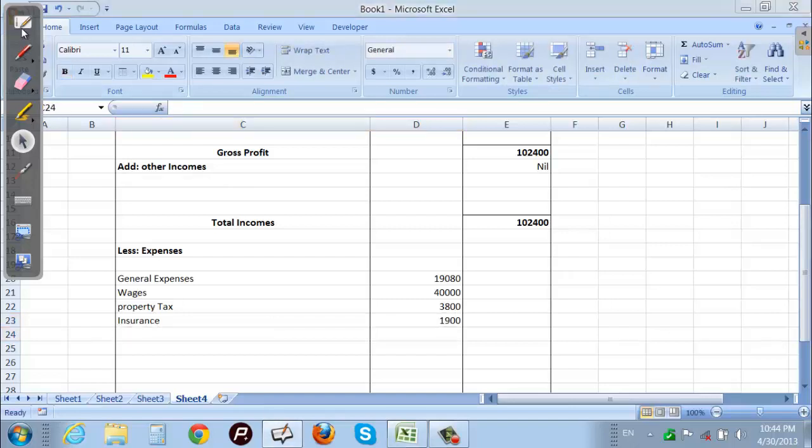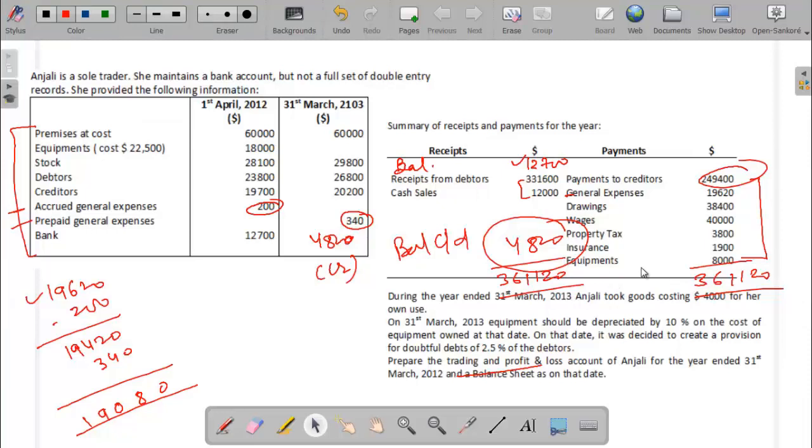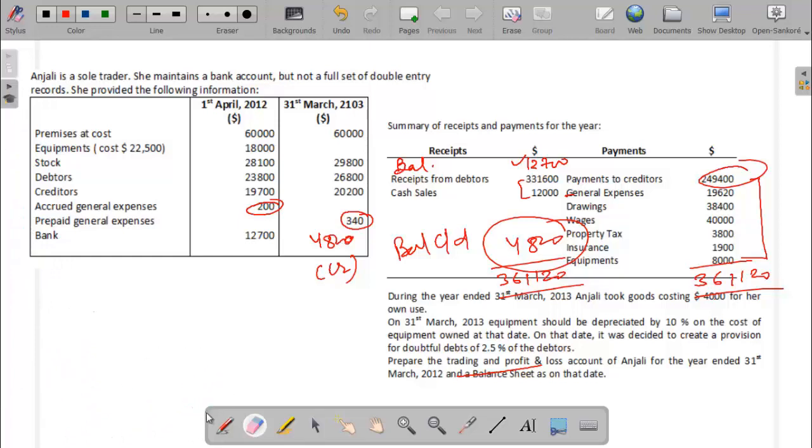After insurance, the next item is equipment. Equipment is our asset, so this item we will not take in the income statement, but depreciation on equipment we will consider. Let's compute the amount of depreciation on the equipment, and see what is written in the question.